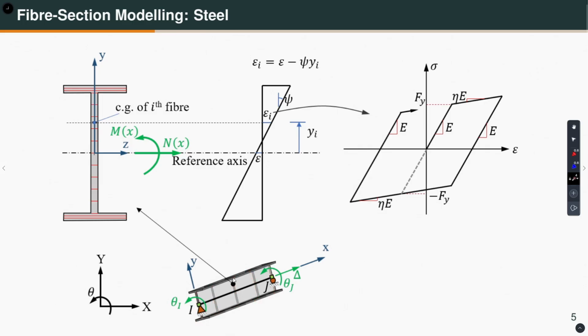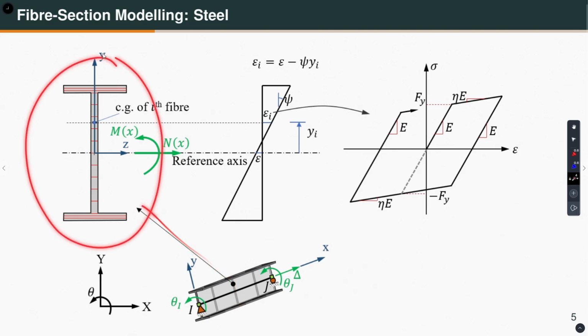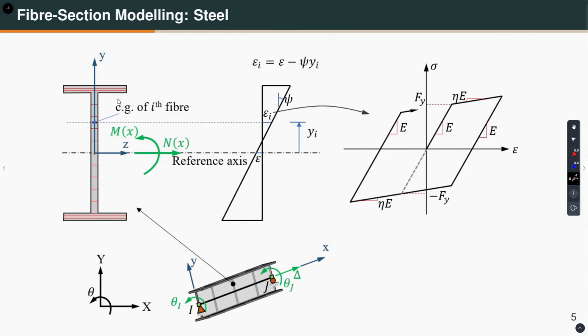If I consider any one cross section, this is what I am showing here. This cross section is discretized as shown. This is one fiber, then this is another fiber, and so on. This is the reference axis, which is typically taken as the centroidal axis, and this cross section is subjected to axial force n x, because this is, let us say, at distance x, and the bending moment m x. This is the distribution of the strain.